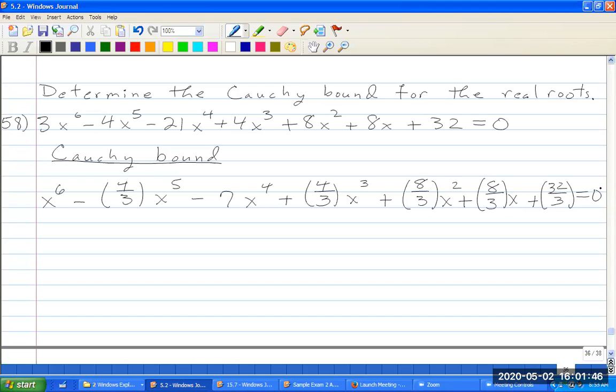Okay, so let's rewrite it so that this is a monic polynomial. Just divide every coefficient by the leading order coefficient, 3.